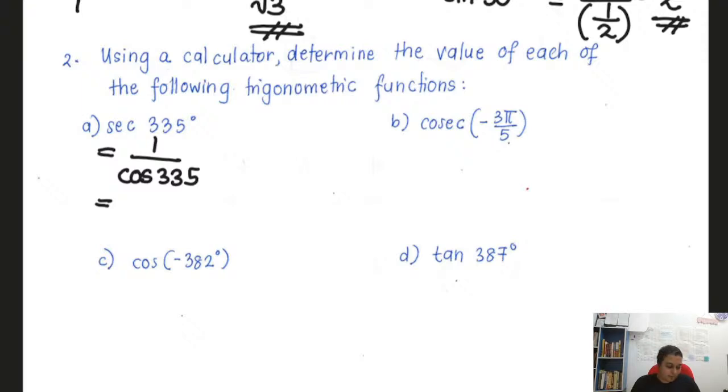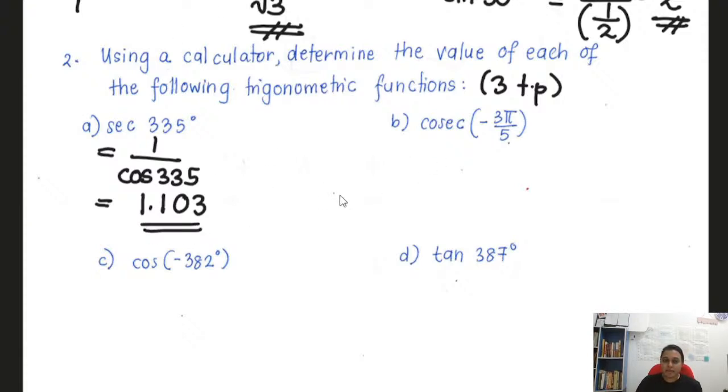Okay, 1.103. Okay, kita nak give 1.1034. You gave 4 tempat perpuluhan. So depends. For now, both your answers are the same. But if the question says 3 tempat perpuluhan, then Sharvin's answer will be correct. But if the question says 4 tempat perpuluhan, 4 decimal, then Kirtana's answer will be correct.